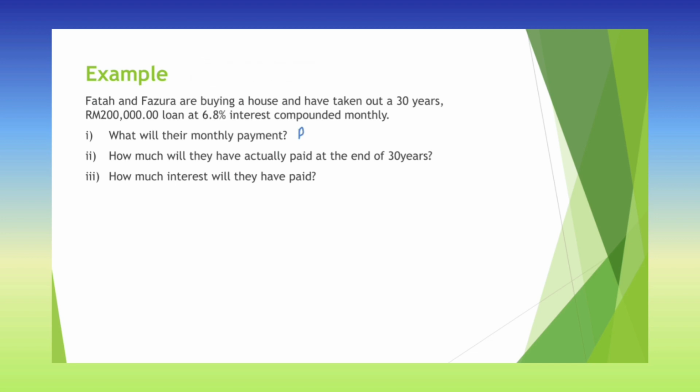So we have to find R. Question number 2, how much will they have actually paid at the end of 30 years? So R times N. How much interest will they have paid? So interest is given by R times N minus A. Okay. So let us calculate.